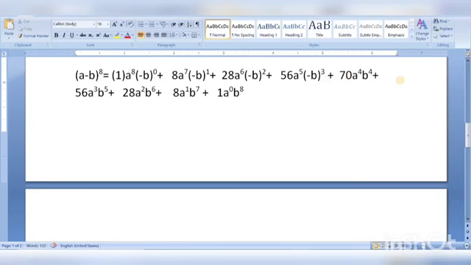Here minus b power 4. Then here minus b. Because our second term is minus b, we are replacing it by minus b. So here also minus b.